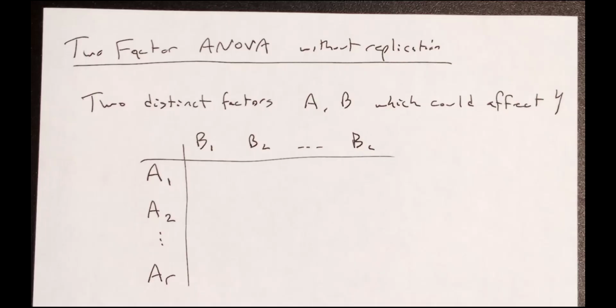It also says without replication. And that means that for each combination of factors, I only have one data value. So right here, I have a y value that goes with factor A1 and factor B1. That's our combination. That's called a treatment.